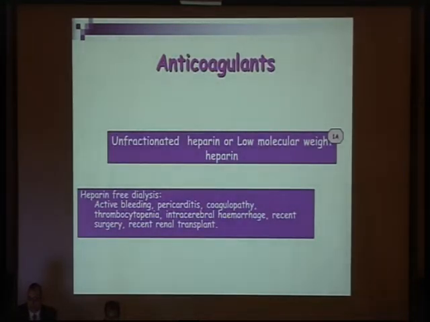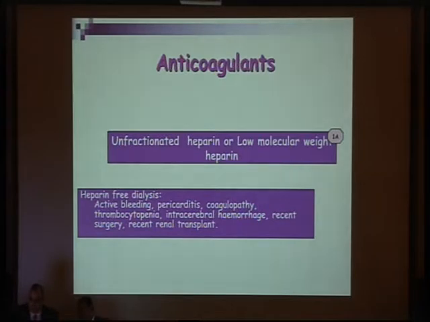We may use unfractionated heparin or low molecular weight heparin. There are some indications for using heparin-free dialysis, like active bleeding, pericarditis, coagulopathy, thrombocytopenia, intracerebral hemorrhage, recent surgery, and recent renal transplant.